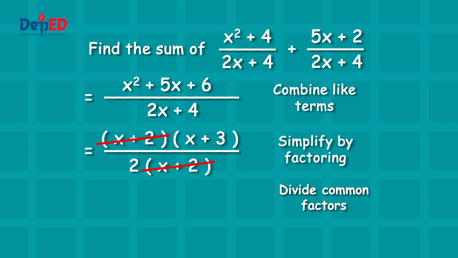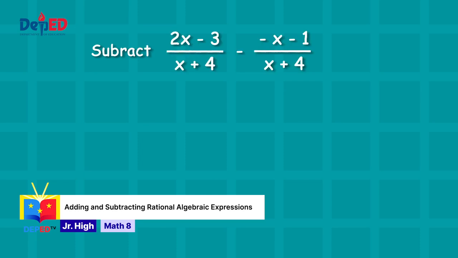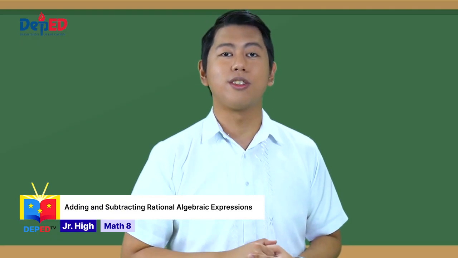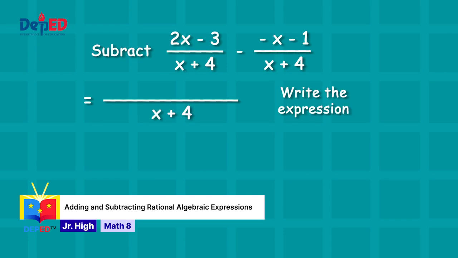So, the sum is given by the expression x plus 3 all over 2. Now, let us subtract. 2x minus 3 all over x plus 4 minus negative x minus 1 all over x plus 4. Again, since we have similar fractions here, the common denominator is x plus 4.